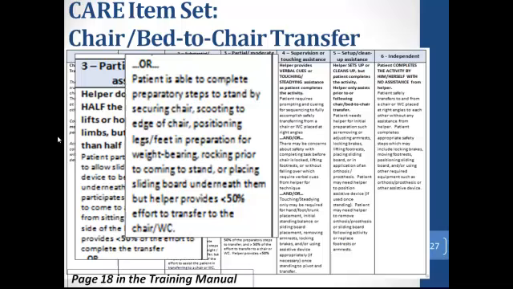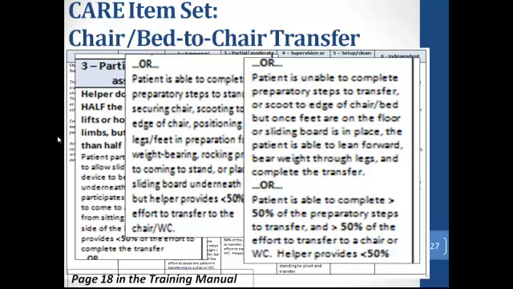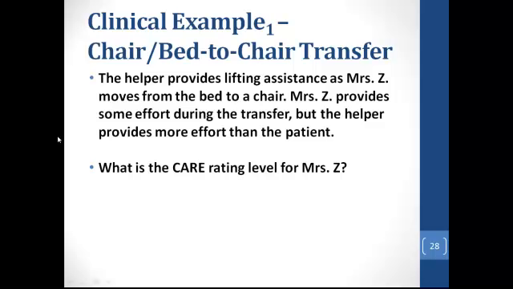Perhaps they can even place the sliding board underneath themselves. Or maybe they are unable to complete any of these preparatory steps due to cognitive or aphasia reasons. But once they are in a position, they can provide some of the effort to move their body weight in the transfer.